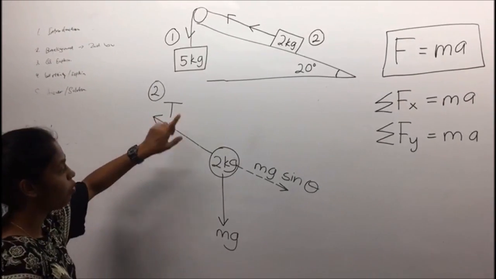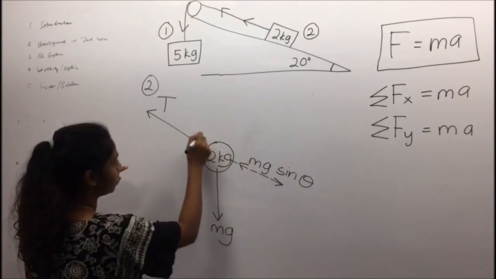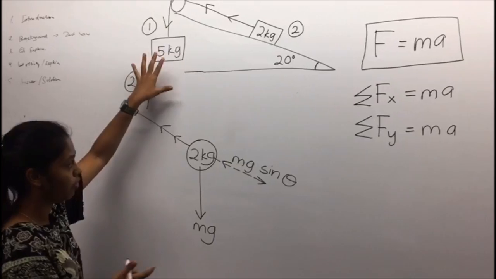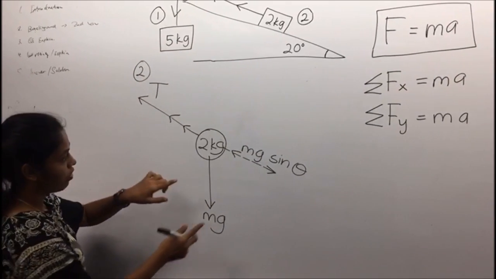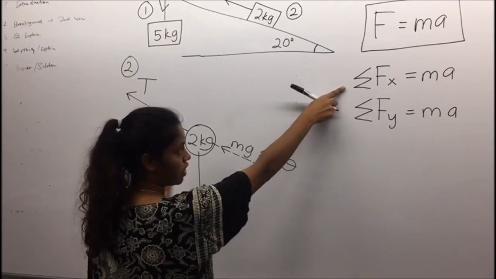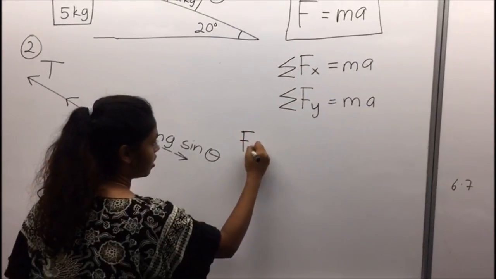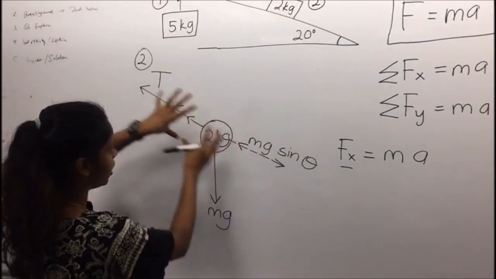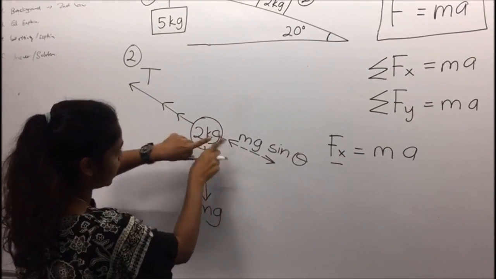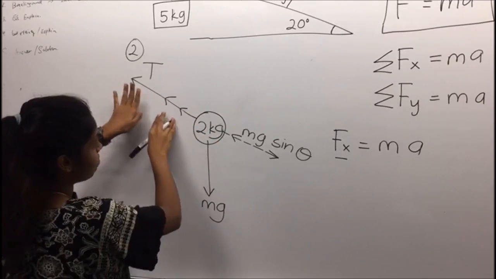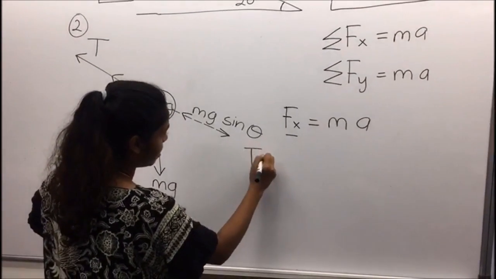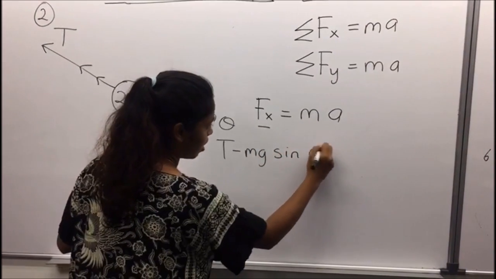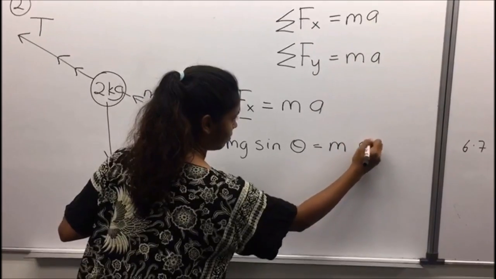For the second free body diagram, we know the motion is this way since the 5 kilogram is heavier than the 2 kilogram, as I said before. For this we are going to use the first one, Fx equals ma. Since it's going this way, it's T minus mg sine theta, which will give you ma.